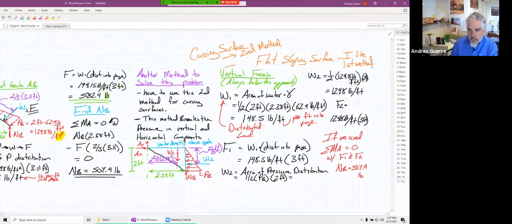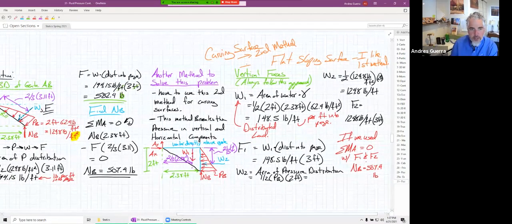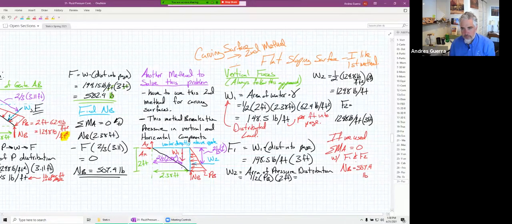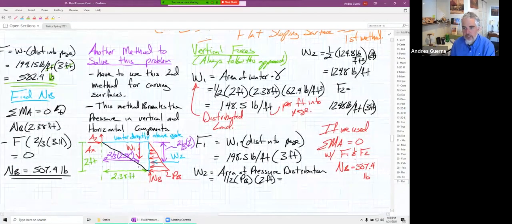So these two methods: one of them is pressure normal to the gate, the other one is breaking it up into vertical and horizontal components. Okay, any questions?